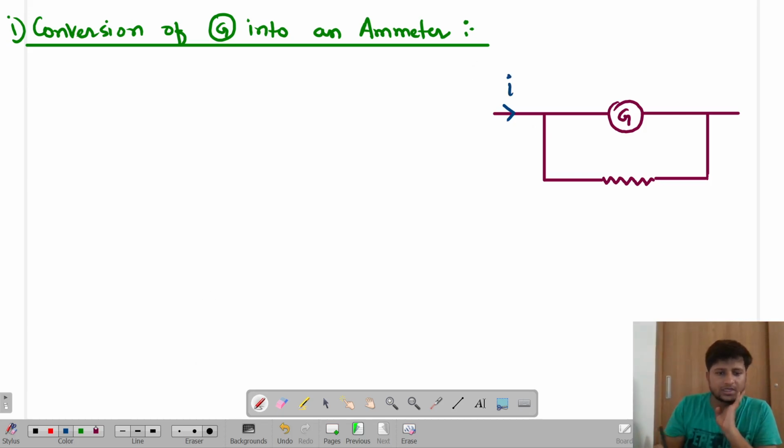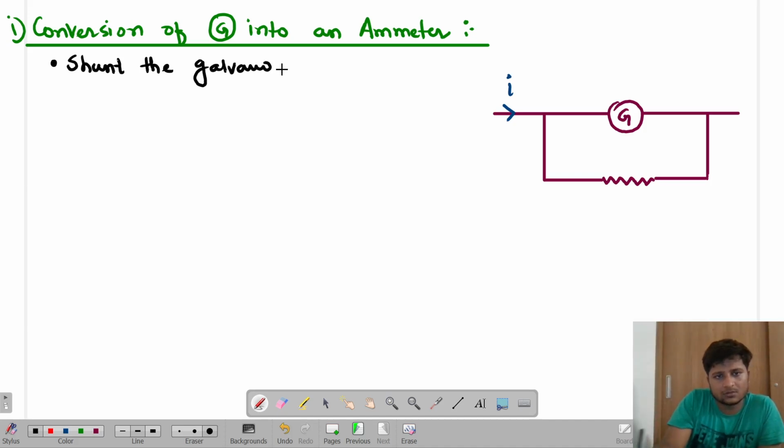So to convert a galvanometer into an ammeter, the first thing we do is shunt. This is called shunting. Shunting means adding external resistance. So we shunt the galvanometer with a small resistance.